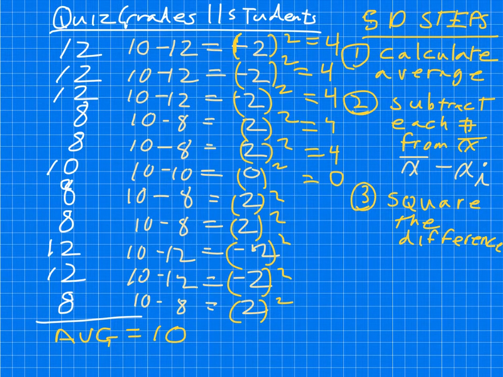Oh, 0 squared is 0. 4, 4, 4, 4, 4. So we've squared all our differences. If you think about what we just did in the formula, we took our average minus each measurement, and we squared it.